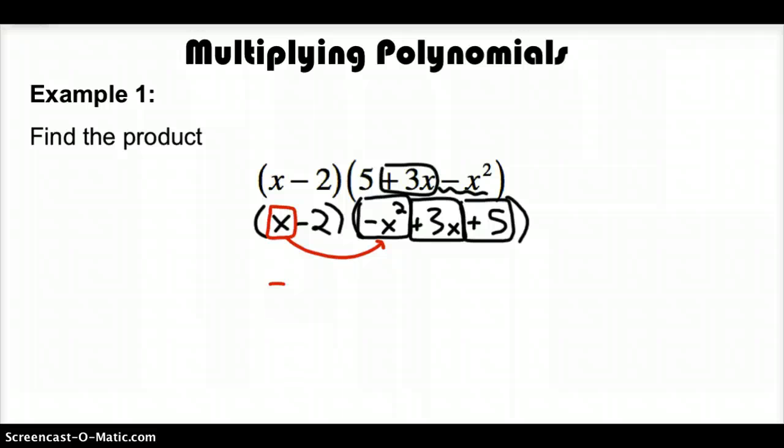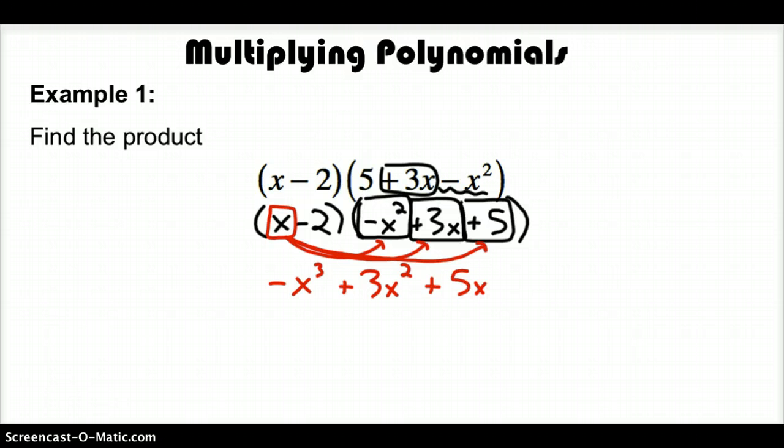This is negative x to the third power, because it's an exponent of 1 and an exponent of 2. So it's negative x to the third. Now I'll take the x multiplied by that positive 3x, and we'll get a positive 3x squared. Then I'll take the positive x multiplied by the positive 5 to give us a positive 5x.